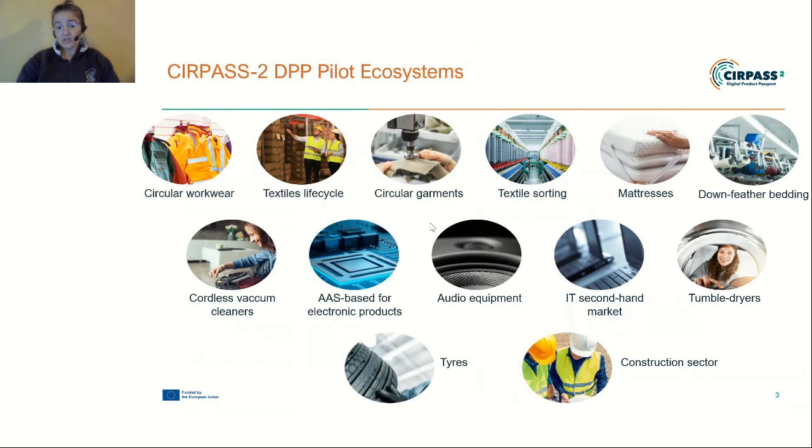In order to do this in Surpass 2, we have 13 pilot ecosystems that are addressing a wide variety of product groups and use cases, of course. And the reason why we have so many different product groups is that we want to demonstrate that the standards on which the DPP system will be built can apply across sectors.